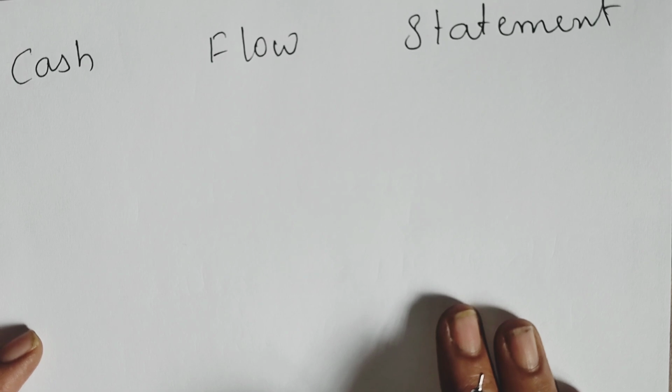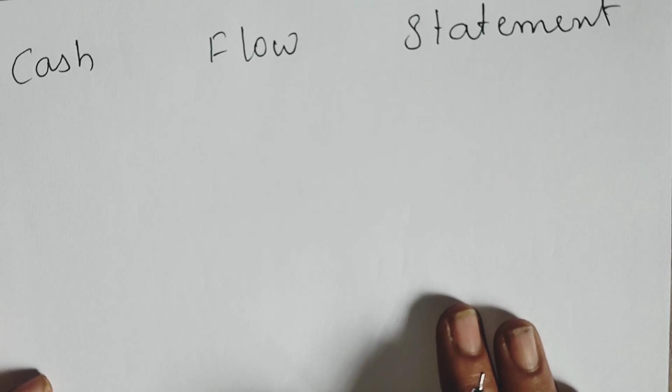How companies are generating and how they are using the cash, you need to understand. That is one of the important objectives of preparing this cash flow statement. And your future depends on your present condition, present situation, right? So how are you understanding the present situation?